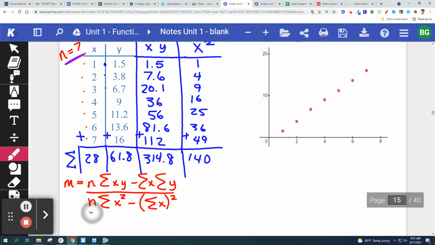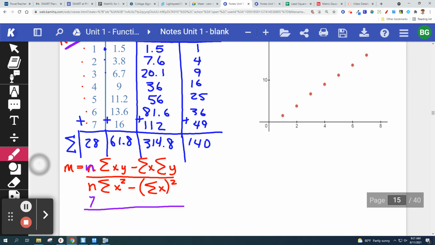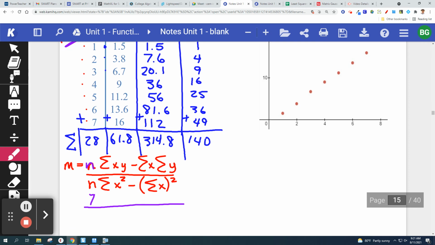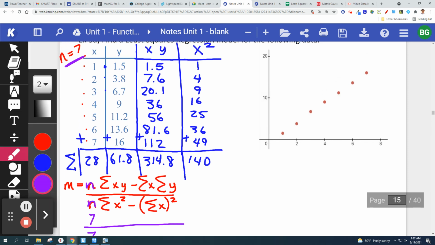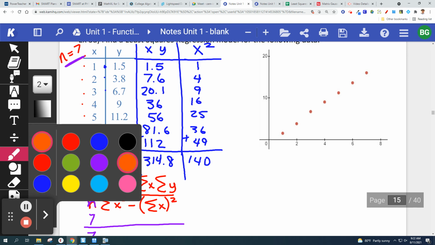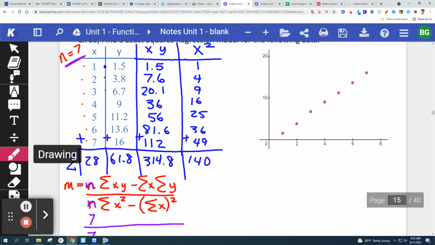This number right here is 7, and this number right here is also 7. Now, the next thing I need is sigma xy. Sigma xy is this number right here.